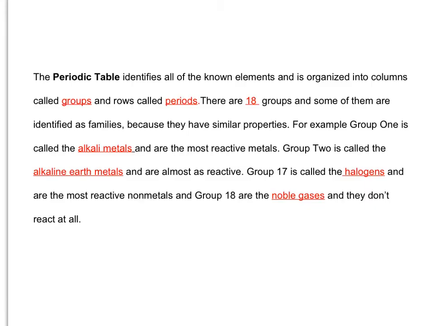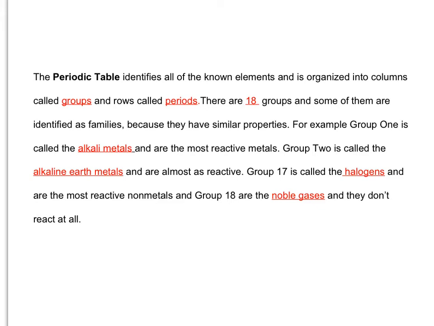So the periodic table identifies all of the known elements, and it's organized into columns called groups and rows called periods. There are 18 groups, and some of them are identified as families because they have similar properties. For example, group 1 is called the alkali metals, and these are the most reactive metals.